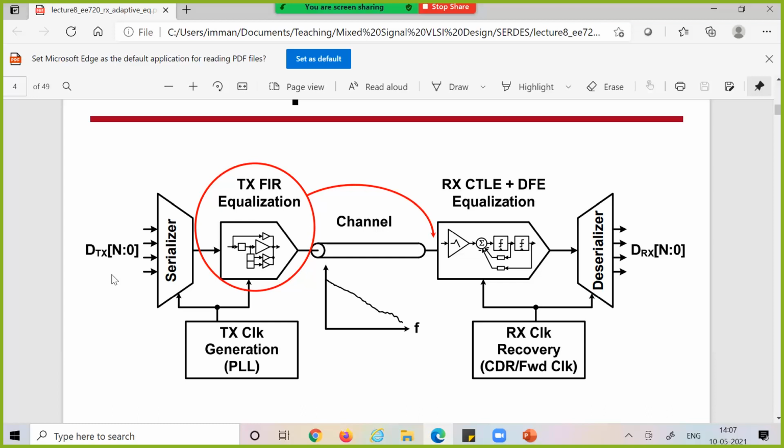Now equalization, if you recall, is because the channel is a low pass channel, something like this. And what we are doing is trying to somehow enhance the high frequency content, because if you can make the bandwidth of the channel wider, what happens is that the ISI reduces. Now as the ISI reduces, obviously your eye opens better and your bit rate increases.